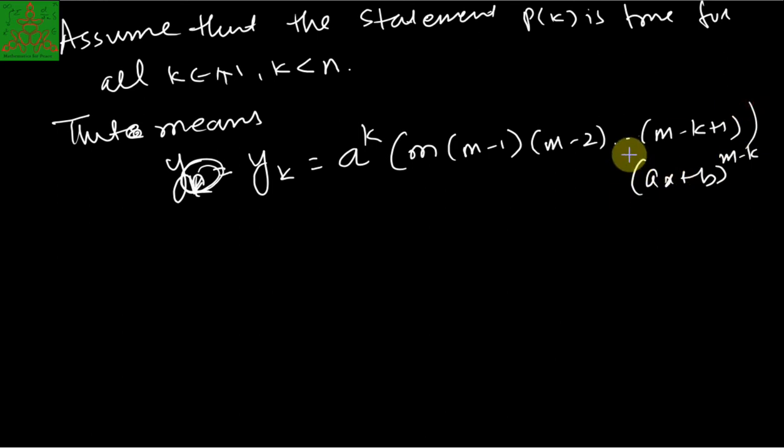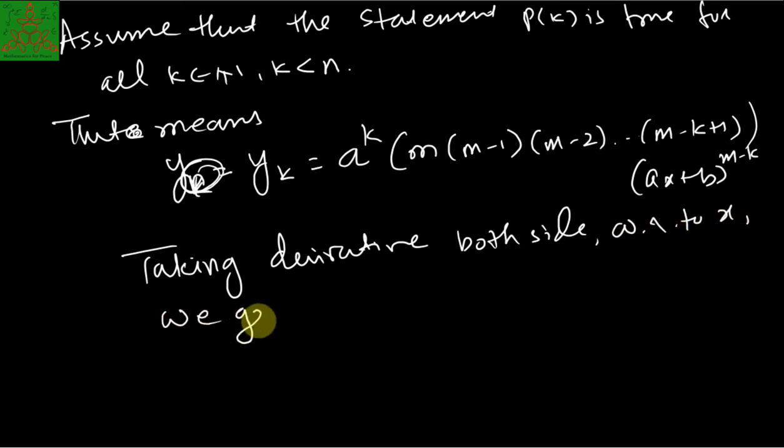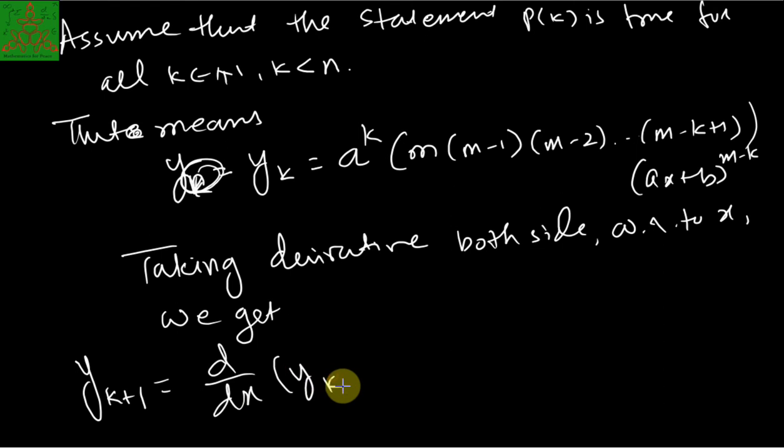Since I want to prove the result for k plus 1, I need the k plus 1th derivative. For that I take the derivative both sides with respect to x, and we get yk plus 1, that is d by dx of yk.